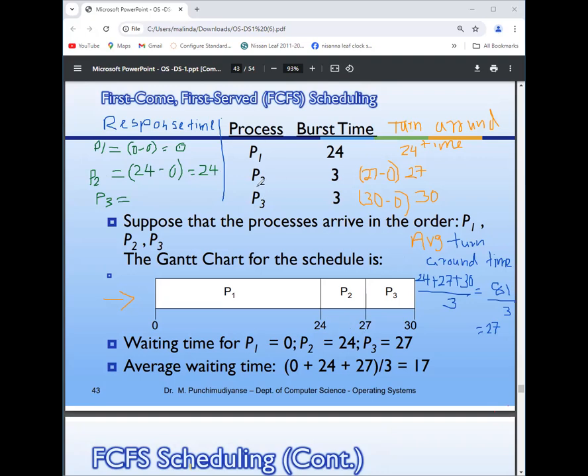It was admitted at time 0 and got its CPU time at 27. So 27 minus 0 is 27. If you add these three together and divide by 3, that means 51 divided by 3 is 17, the average response time.